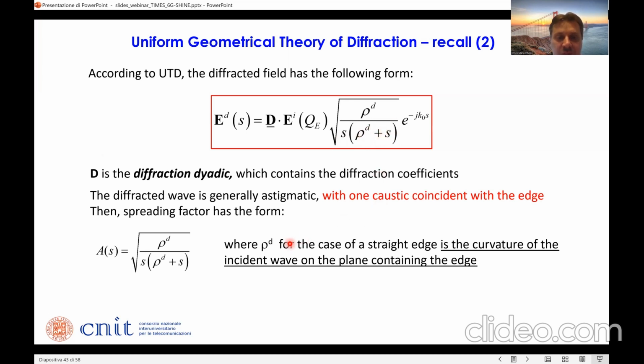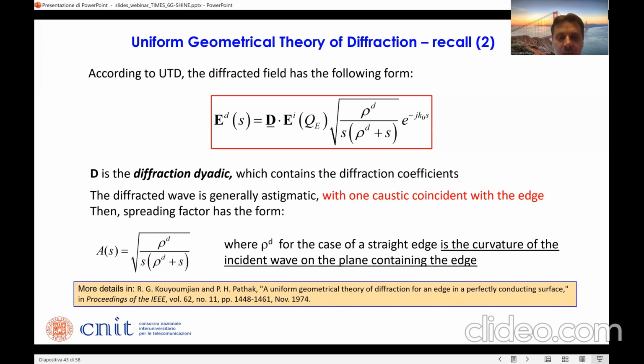The second curvature, rho d, is in practice the curvature of the incident wave on the plane containing the edge. So in the end, this is the expression of the spreading factor for diffraction. More details can be found in the famous paper by Kouyoumjian and Pathak in the Proceedings of the IEEE.